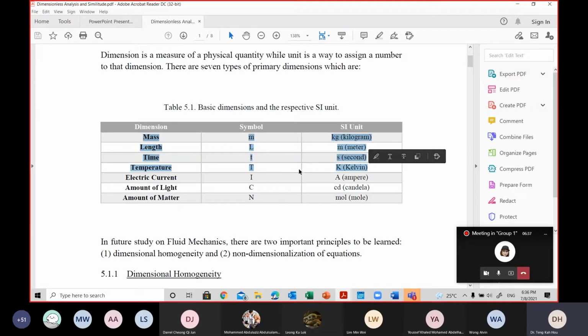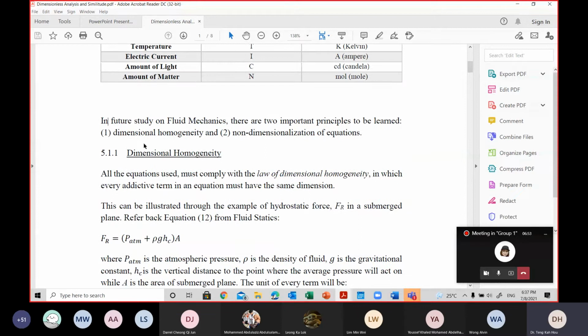But of course, there will also be electric current, amount of light, and amount of matter, which is your mole. Okay, so in the first part, we learned what dimensional homogeneity is. We learned how to prove that all your equations should obey the law of dimensional homogeneity.